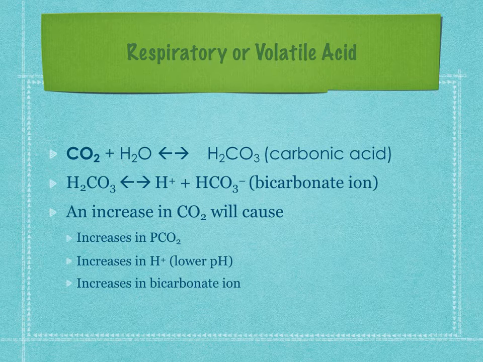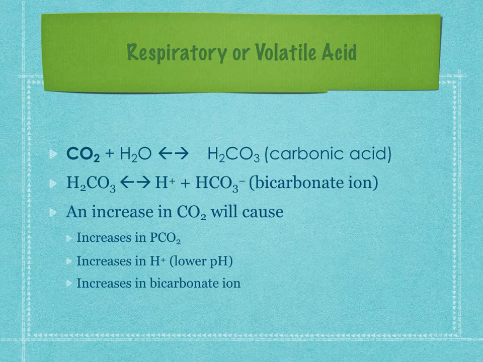The respiratory, or volatile acid, phase is when CO2 is combined with water to give us carbonic acid. The carbonic acid can then lose one of its hydrogens, or combine with hydrogen and bicarb, and then it becomes carbonic acid. An increase in CO2 will cause increases in pCO2, the partial pressure of carbon dioxide.